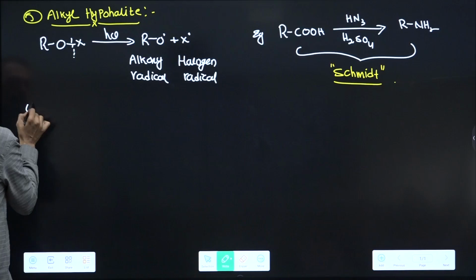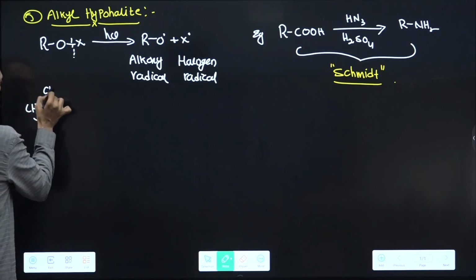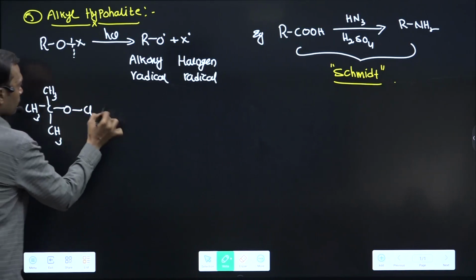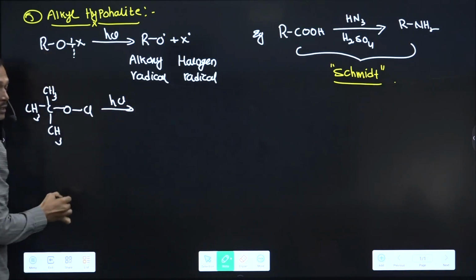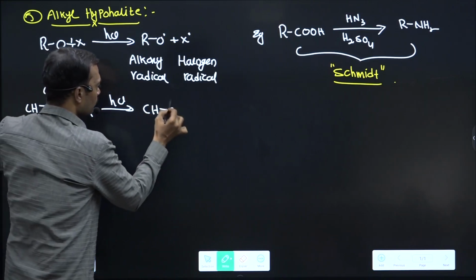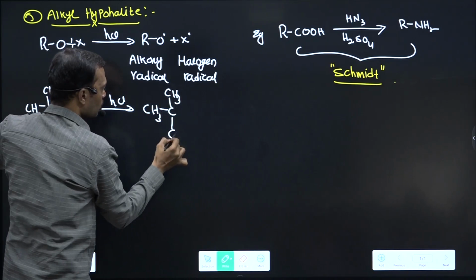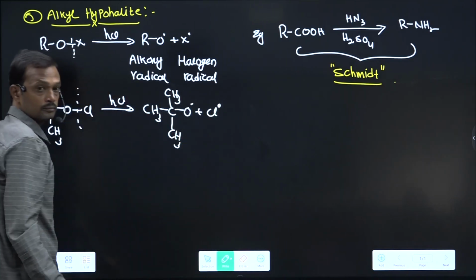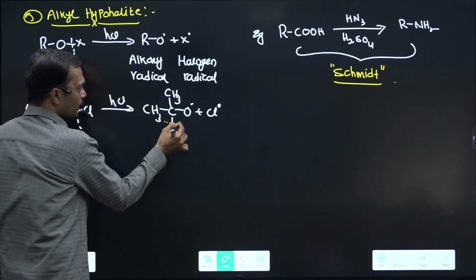Suppose I take tertiary butyl attached to chlorine through oxygen, and photochemically it is irradiated. Then what happens? Break this. After breaking here, this carbon carries alkoxy, and here chlorine. Now break the adjacent carbon alkyl group.